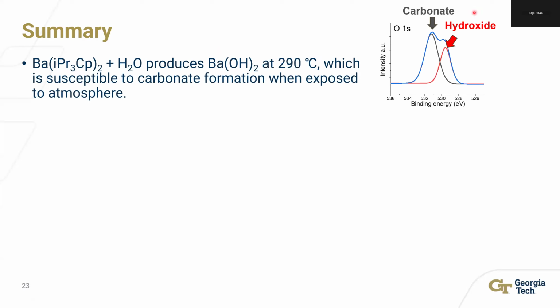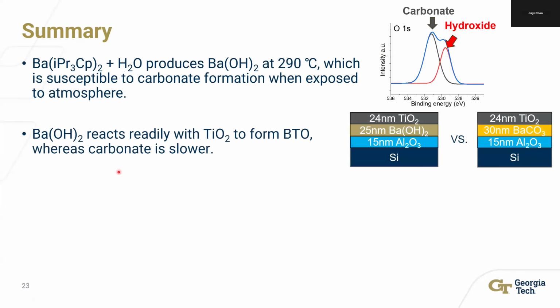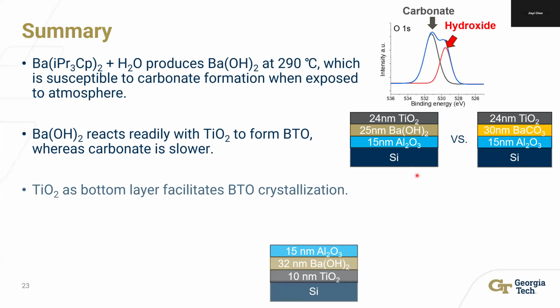And we reached this conclusion mainly by XPS. And we find that barium hydroxide reacts readily, being thermodynamically more favorable, with TiO2 to form barium titanate. And the reaction of TiO2 with carbonate is slower.